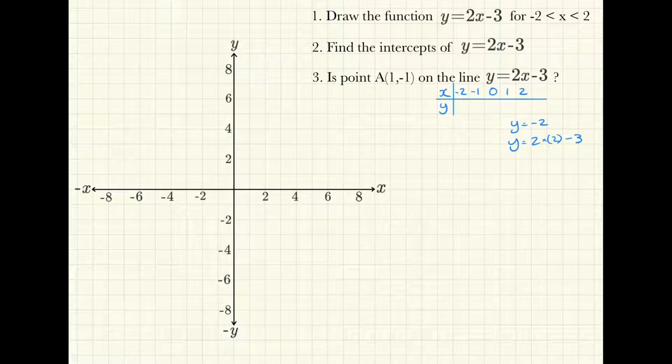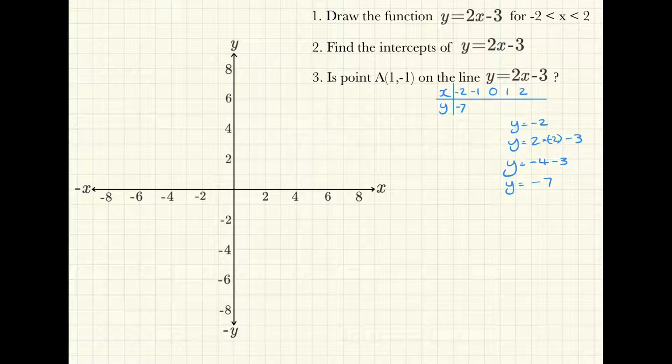So 2 times -2 is, well, that's -4. So -4, take away 3. Our y coordinate here is going to be -7. So in here, it's going to be -7.